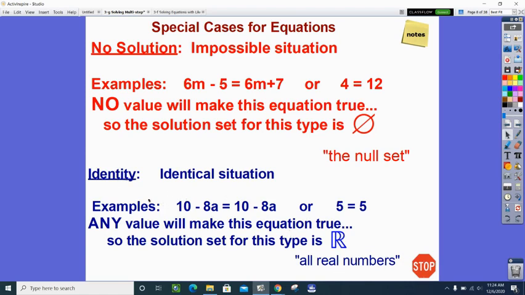Any one of those is good. And up here, no solution, that symbol, the null set, doesn't matter. Any one of those are saying the same thing. Now, here's the cool thing. You can't check them. You can't check every number down here, and up here, there's no number to check. So students often like the special cases because it takes that check out.